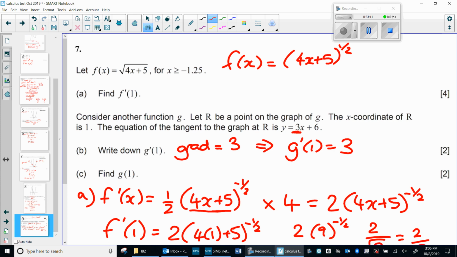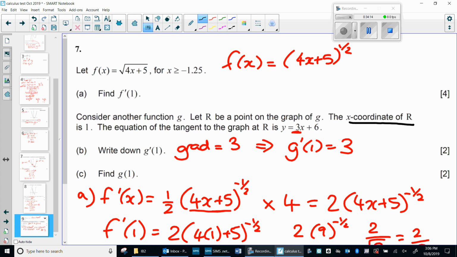Why? Because the gradient of the equation of the line was 3, it must mean that G'(1) is 3, because 1 is where R is. The x-coordinate of R is 1. That makes sense, actually.